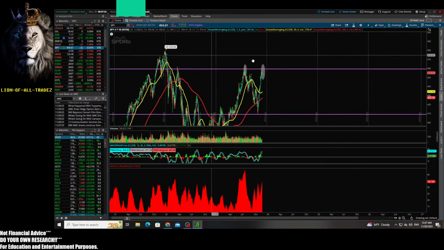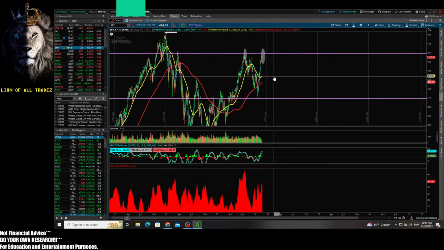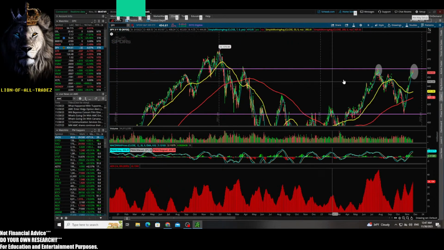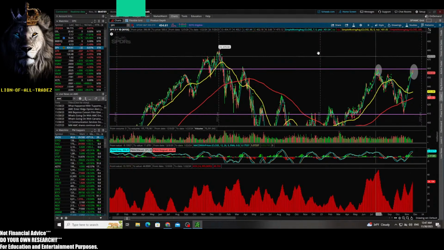Can't imagine that. But even the trend is like, holy crap, what if this continues and then retests this level? I'm gonna flip on mine. What do y'all think about that?